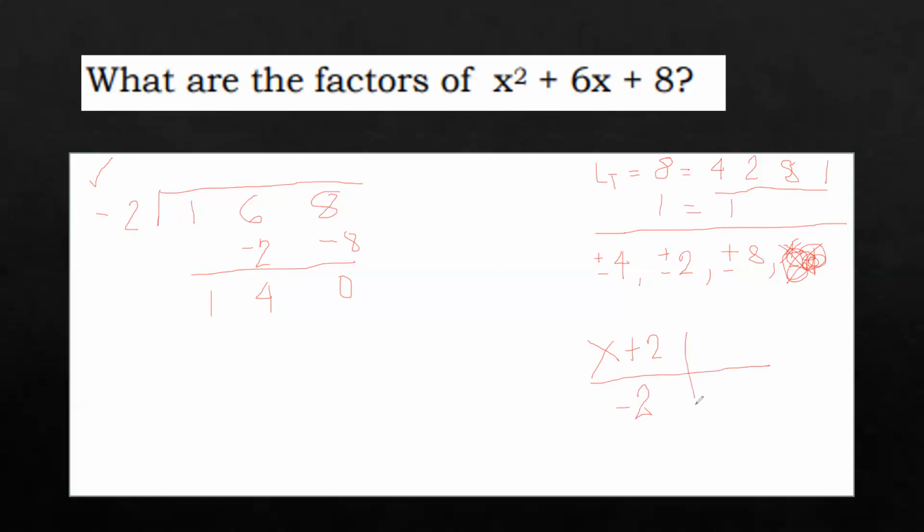So, yan ang unang factor natin, x plus 2. Nakuha po? Trial and error po ito. So, nakuha natin ng negative 2 yung nagamit natin. Ang ibig sabihin ng negative 2 ay x plus 2. Nakuha po yung idea ng unang negative 2?